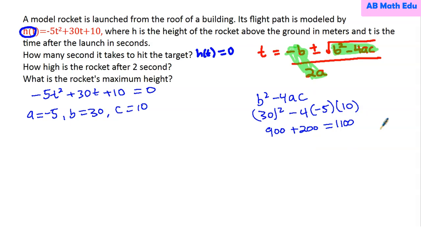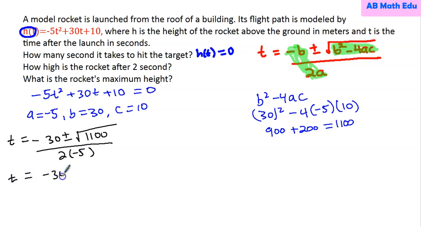So now we're going to plug everything back. We're just going to put 1100 there to make it much easier. So to find how many seconds, t is just going to be negative 30 plus or minus the square root of 1100, all divided by 2 times negative 5.